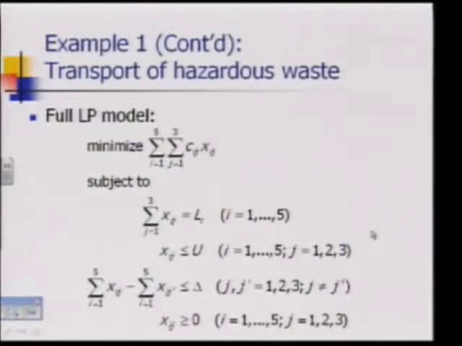And also each one has some capacity you cannot exceed, this U. And also you want to make sure that the assignment of all the weights transported to processing plant J and the difference between it and processing plant J prime should not exceed some value delta.